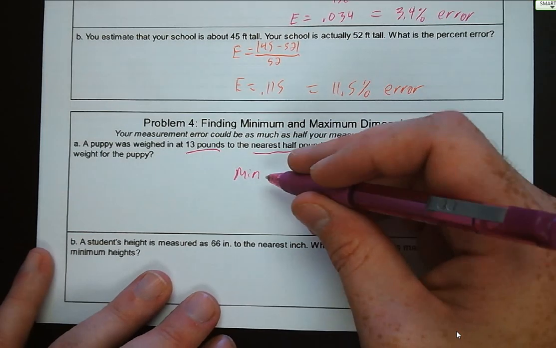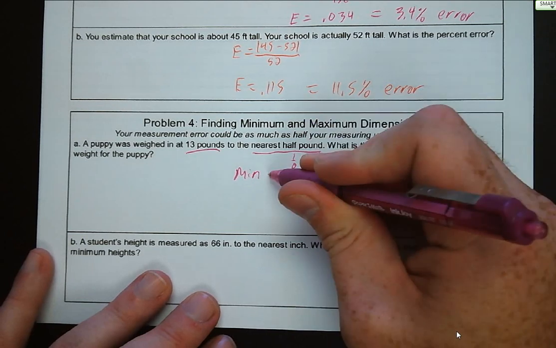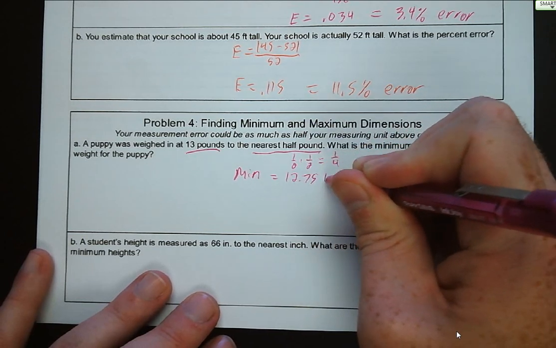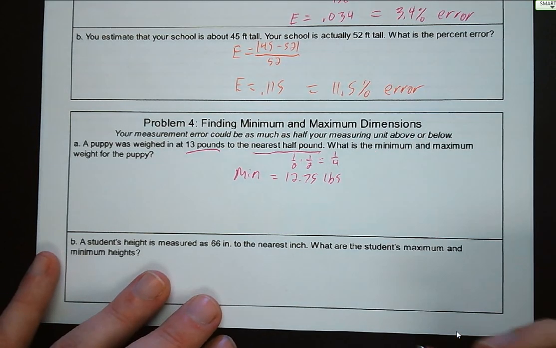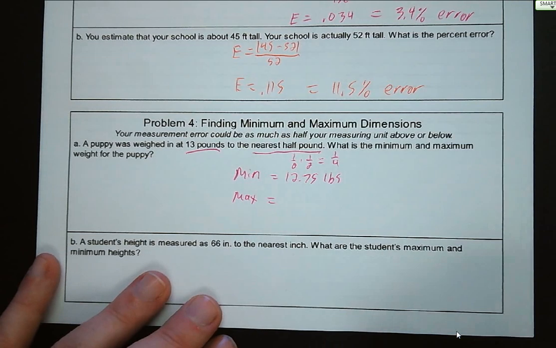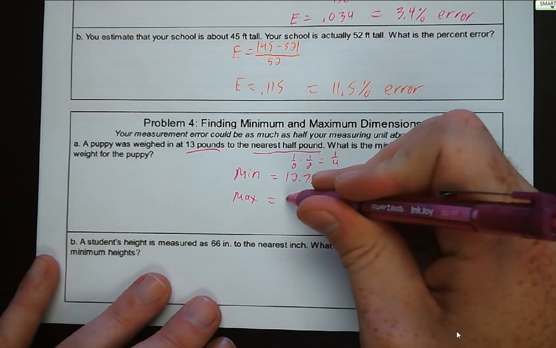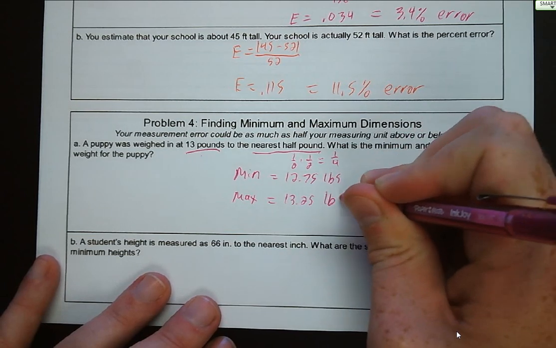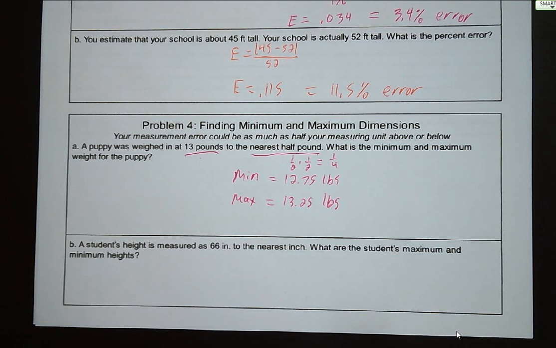So 13 minus 0.25 would be 12.75 pounds. Your maximum weight for your puppy is going to be that 13 pounds plus the potential error, which is 0.25. And that's all you have to do for that.